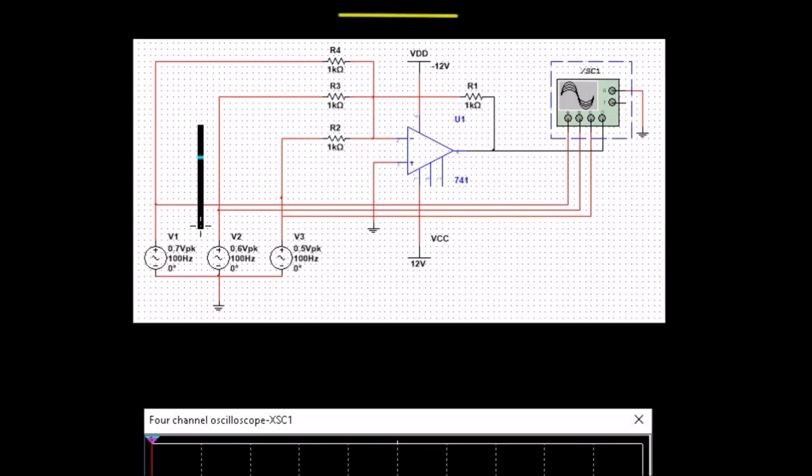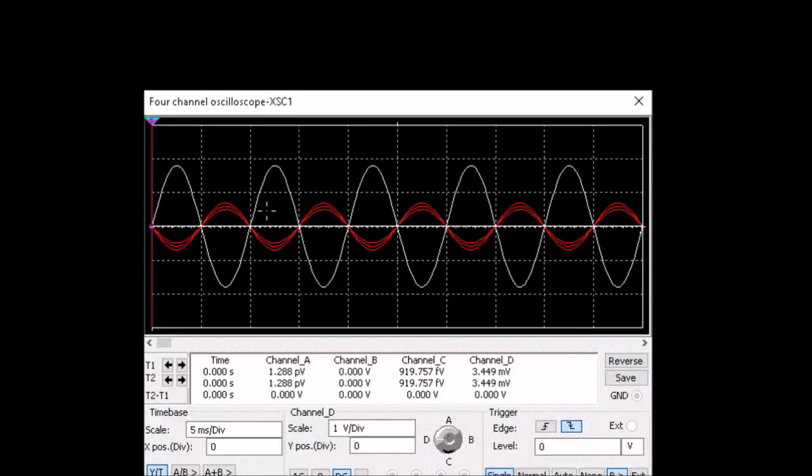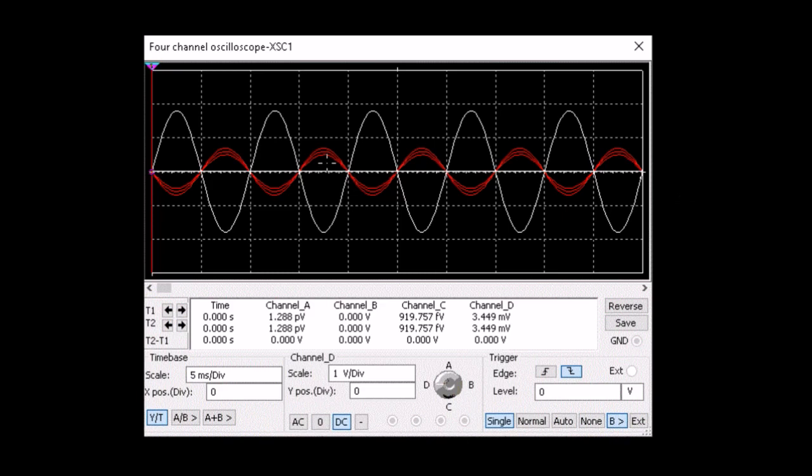Okay, so you can see that here, and that's the output I get from Multisim.